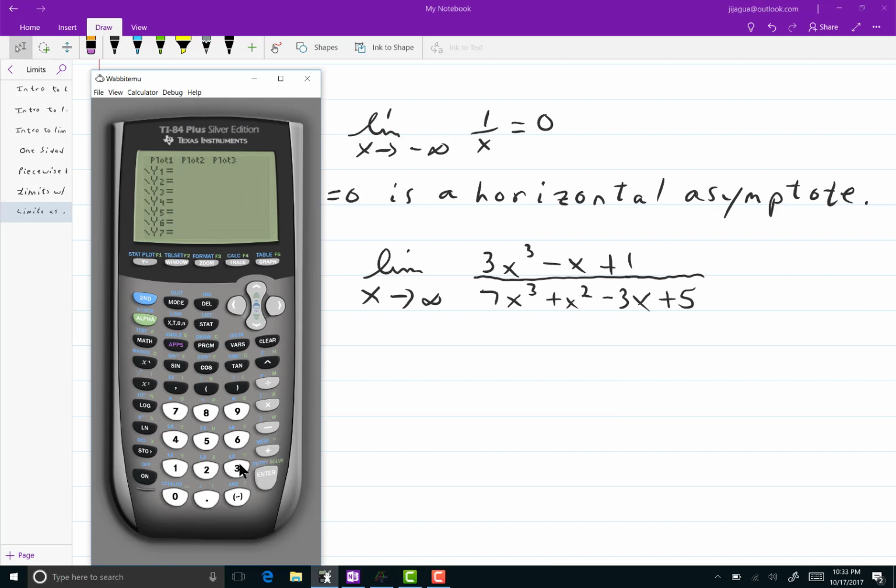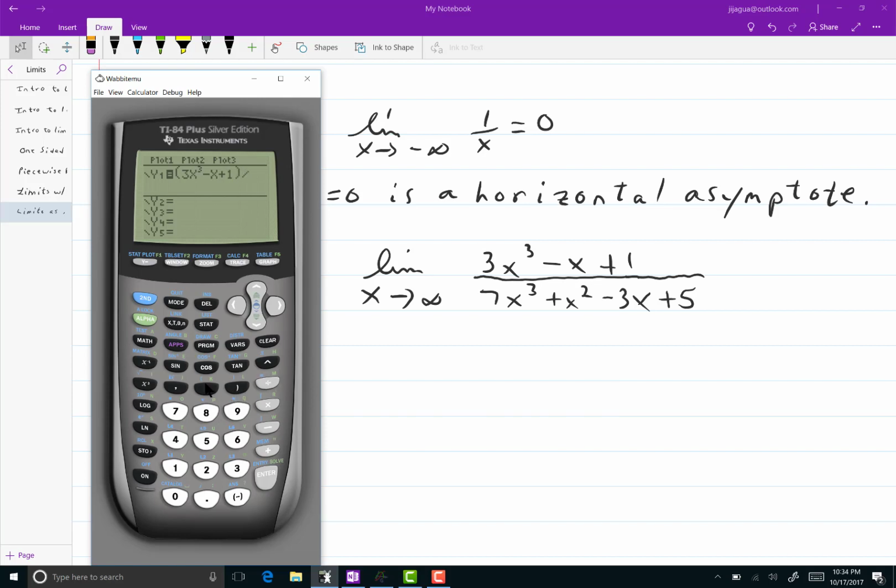Let's clear out what we have in there. Remember, you need to use parentheses in the numerator and the denominator. So let me get my 3x to the third. Don't forget to come out of the exponent. Minus x plus 1. End the parenthesis. Divide.